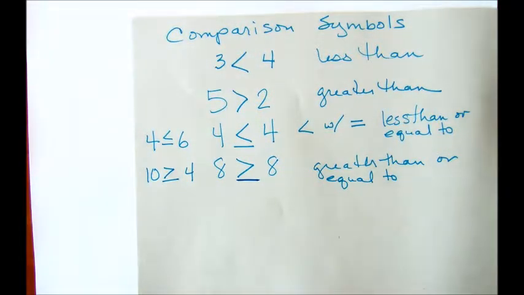All right, so once you get accustomed to using the comparison symbols correctly, then we can represent those amounts on a number line. Right now we're just comparing one number to another number. When we're working with inequalities, we're going to have number problems similar to when we were working with equations.